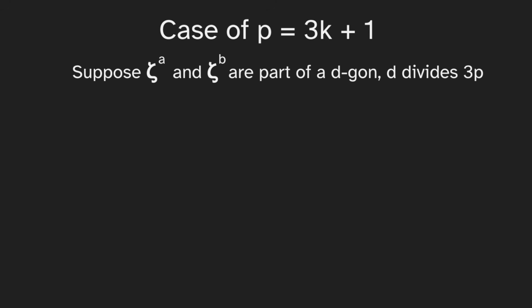Well, let's suppose that zeta to the a and zeta to the b are part of a d-gon, where d divides 3p. So this might either be a triangle or a p-gon. We'll treat it generally. That means that zeta to the a minus b is equal to 3p over d times some r.